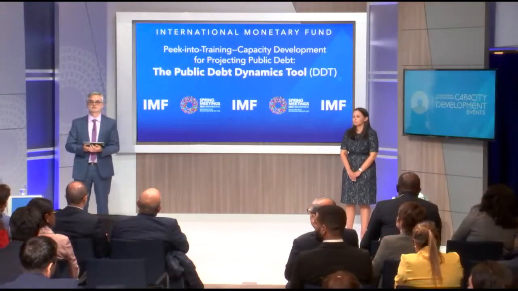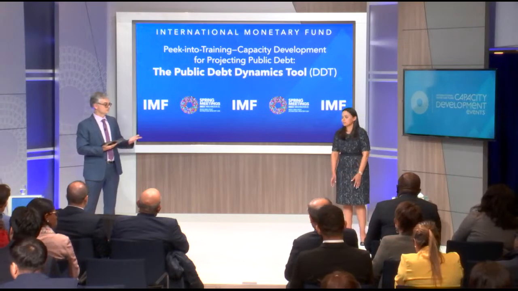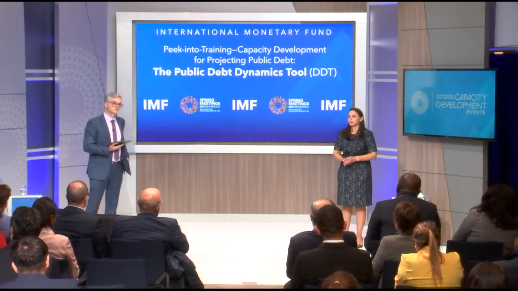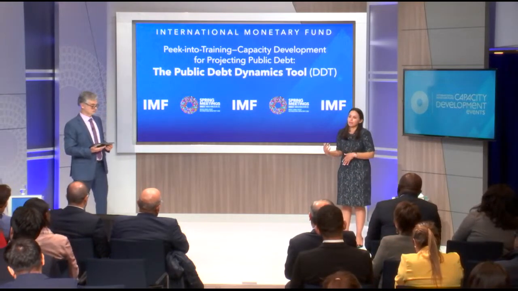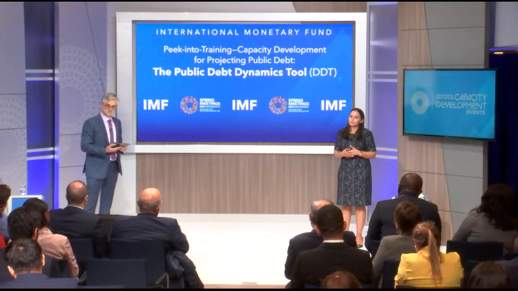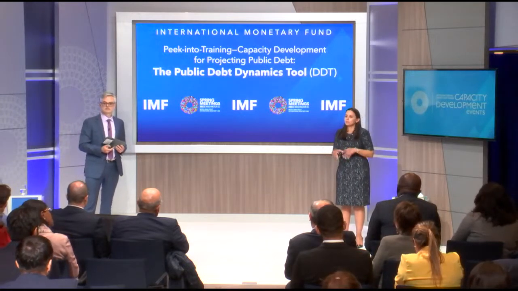Thank you. You're asking how the DDT can handle missing data. For the DDT to work, you need to input not only historical data, but also your projections or assumptions on how the projection horizon will look.